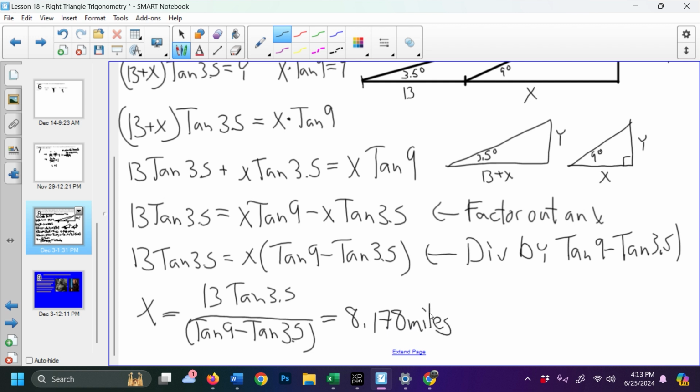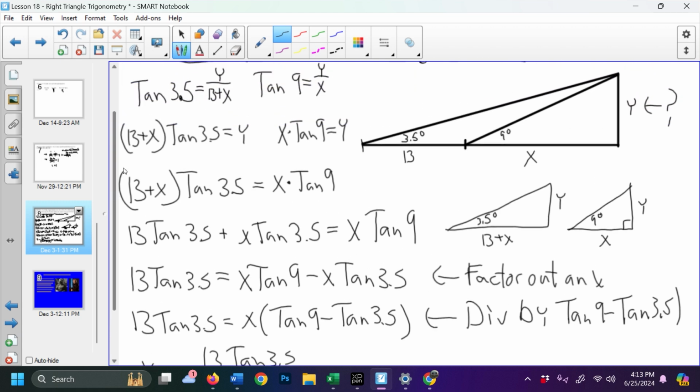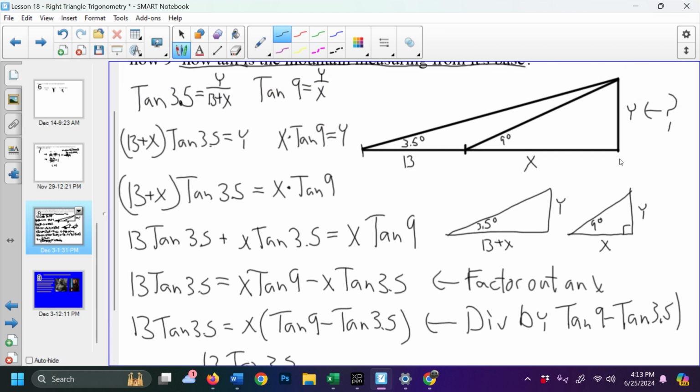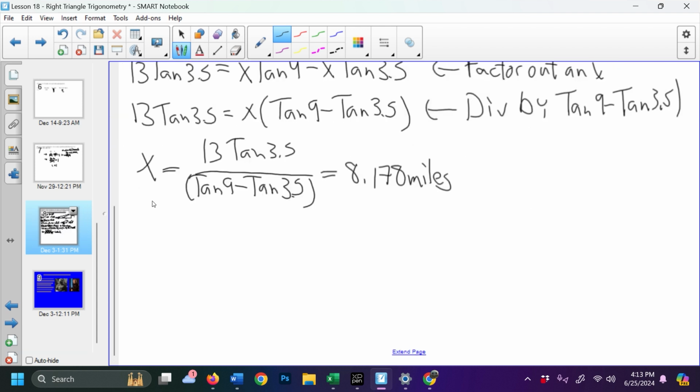Now, I know that was a lot, but remember, we're not solving for x. That's this distance here. They want to know what y is. The good news is I have two equations that are already done for y. I have x times tangent of 9 is equal to y. And so I'm just going to do that. I'm just going to go x times the tangent of 9 equal to.